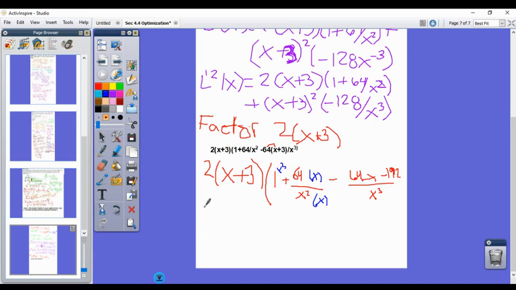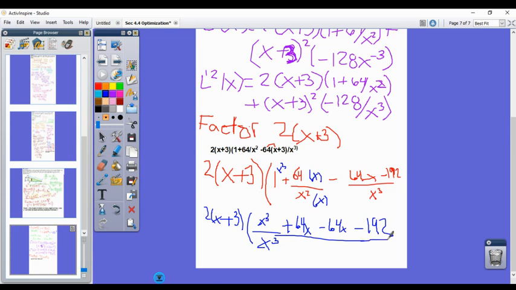Once I do that, I get 2 times x plus 3 times x cubed, divided by x cubed, plus 64x minus 64x minus 192.